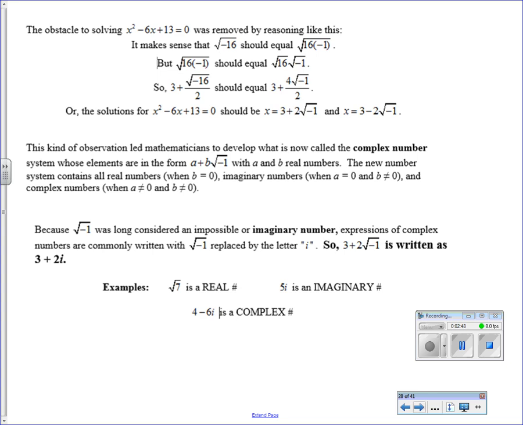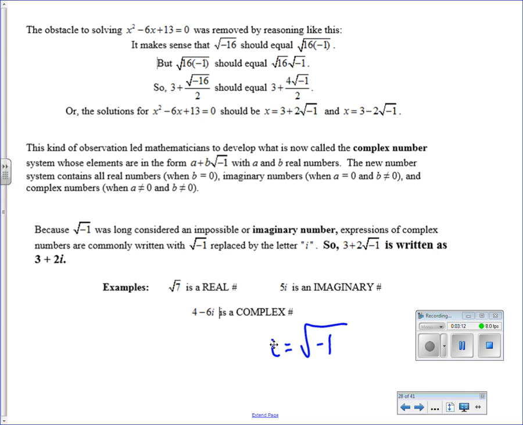All right, so again, some of the obstacles were just about how you could deal with that -1. And so that's where we're dealing with that lovely number i, okay? So i represents the square root of -1. So they came up with this whole new number system, and the whole new system is called complex numbers or imaginary numbers.